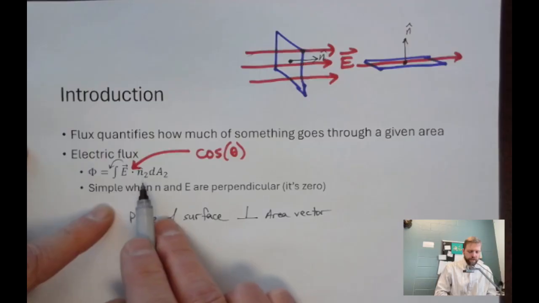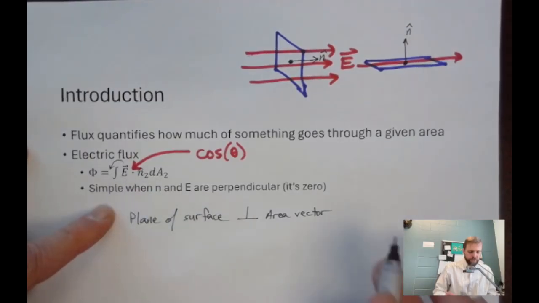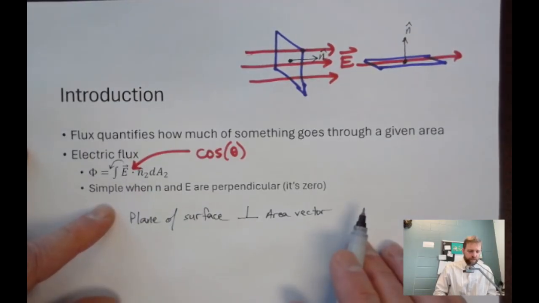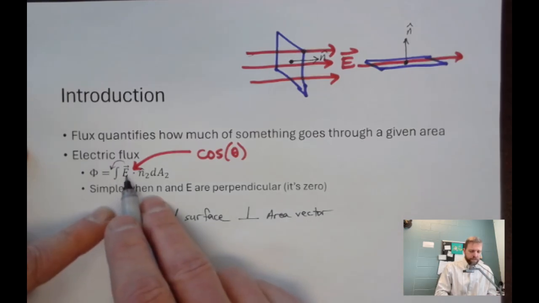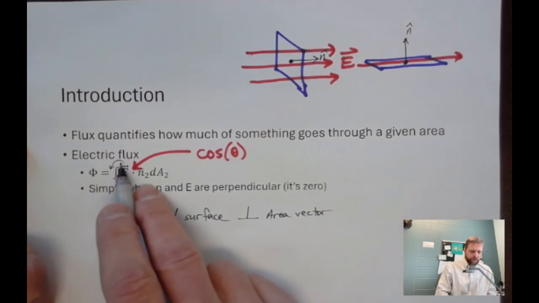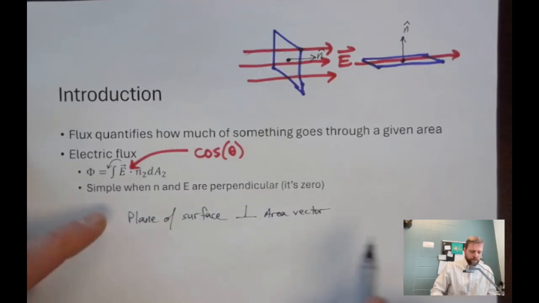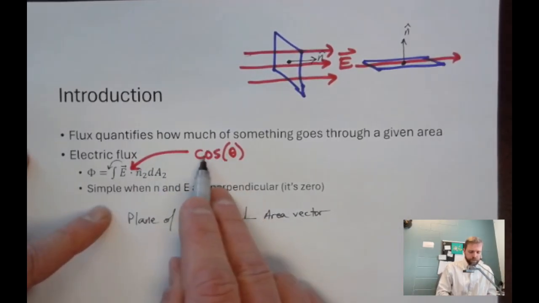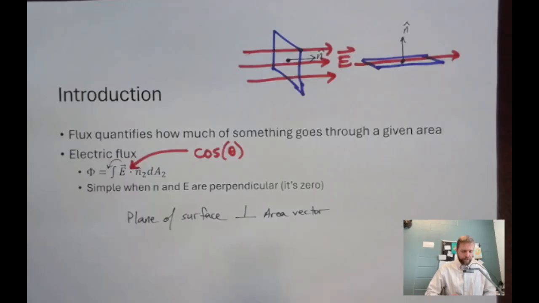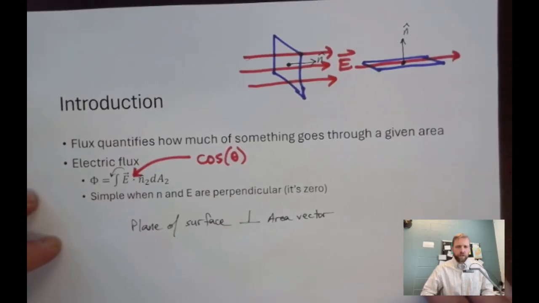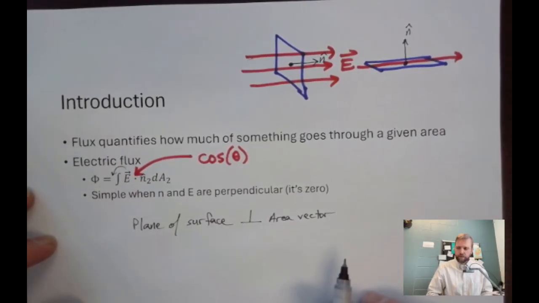And then the integral just gives you the surface area. And that's when the electric field is constant in magnitude and the cosine is always 0 degrees. Okay, so this is in general what electric flux is.